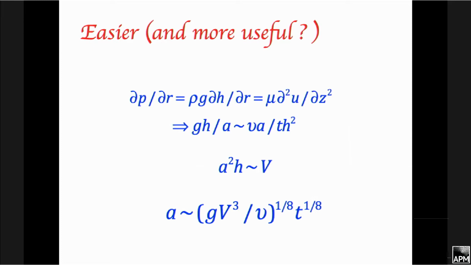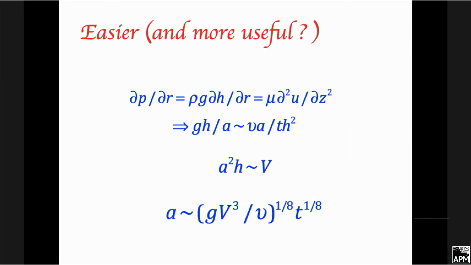So the radial pressure gradient will be given by rho g dh/dr, and that has to be balanced by the viscous forces, mu, the dynamic viscosity, times the second derivative only in the z direction, the vertical direction, with respect to the horizontal velocity u. Now that's a correct equation, and I've used equal signs.